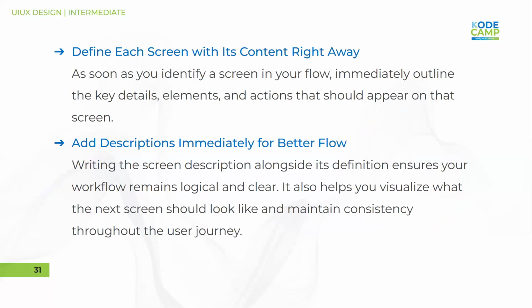Writing the screen description alongside its definition will ensure your workflow remains logical and clear. It will also help you visualize what the next screen should look like and maintain consistency throughout the user journey.